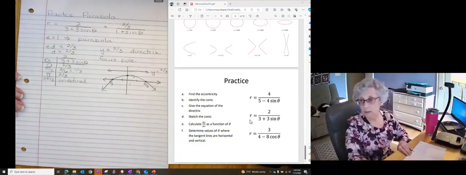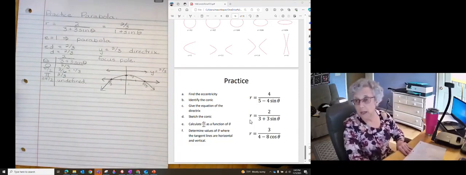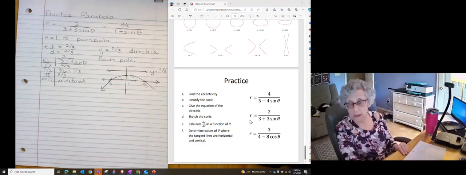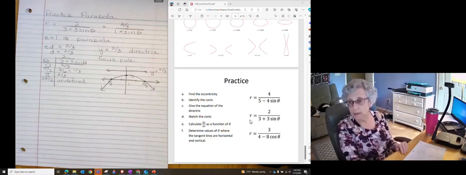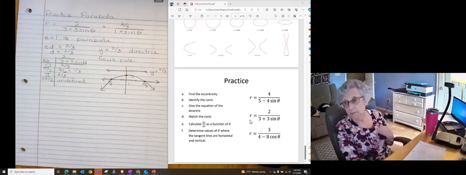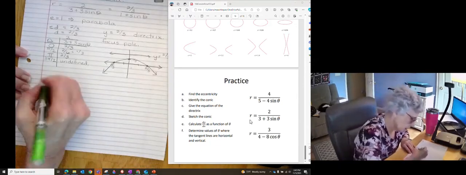Okay, so what else were we supposed to do? We have found the eccentricity, we identified the conic, we gave the directrix, we sketched it. Now we need to calculate dy/dx as a function of theta.